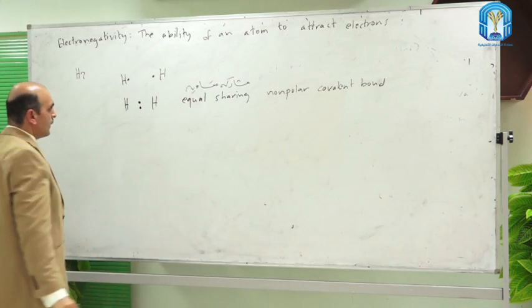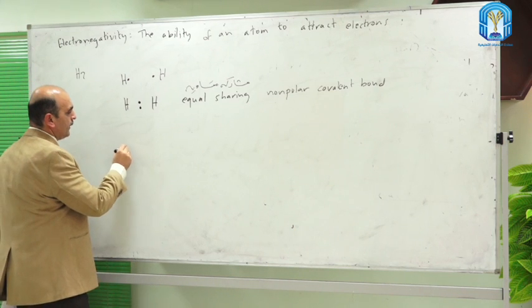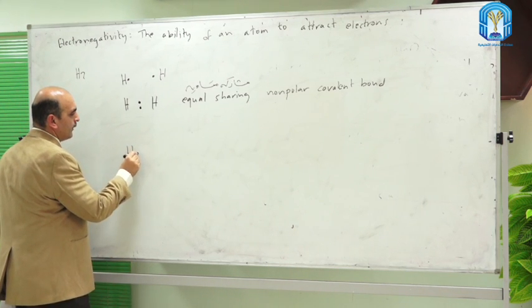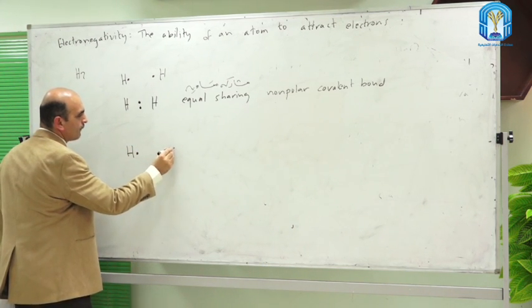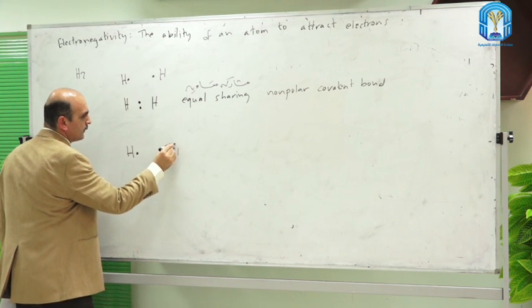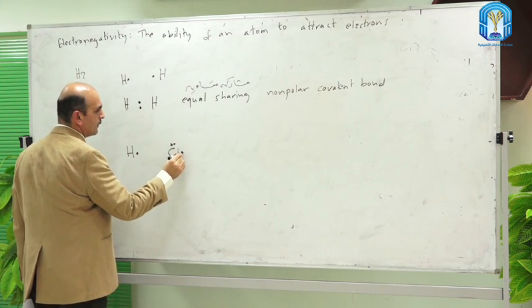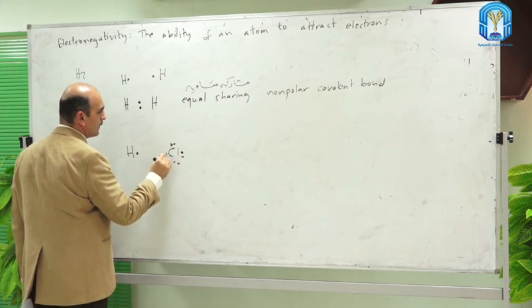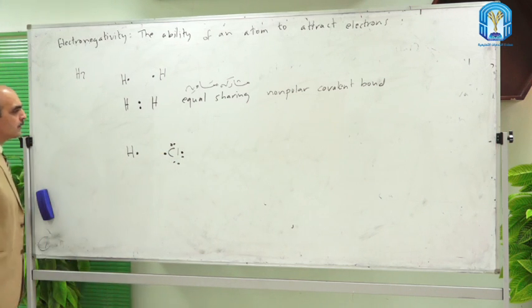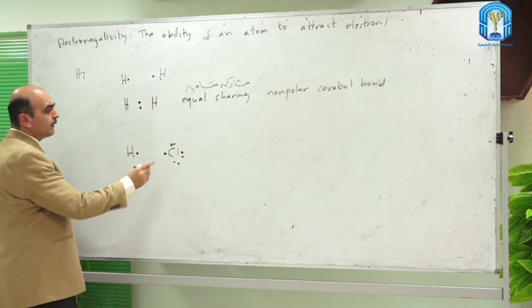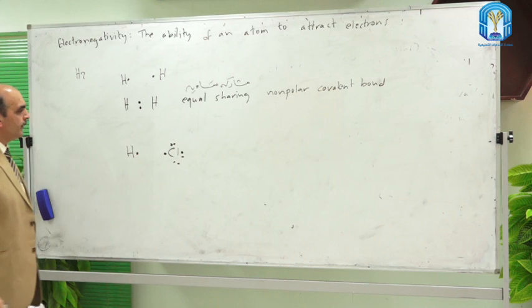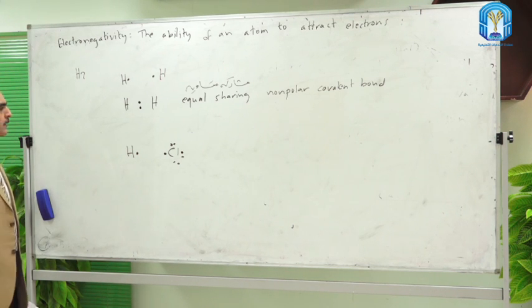If we take another example, like HCl. Hydrogen has 1 valence electron, Cl has 7 valence electrons. So they approach each other, but actually here, as we see, the chlorine is electron rich.